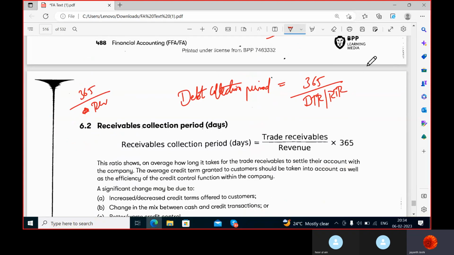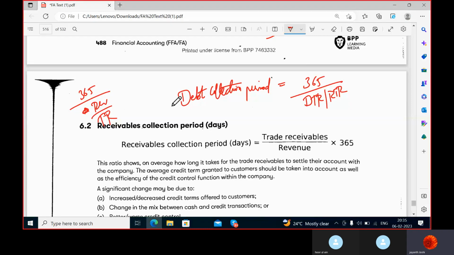And now 365 by receivables turnover ratio. The formula for receivable turnover ratio is revenue by trade receivables. If you have just 1 year's data, and if you have 2 years data, you'll do average.